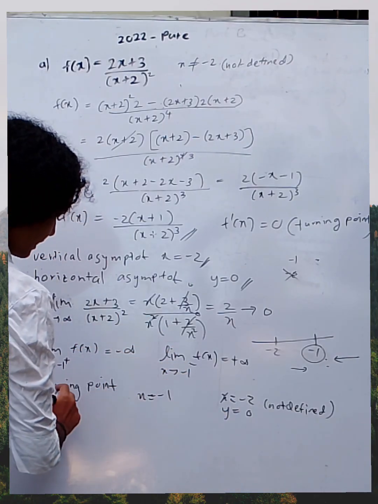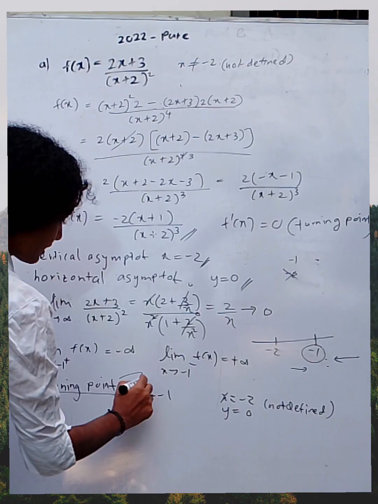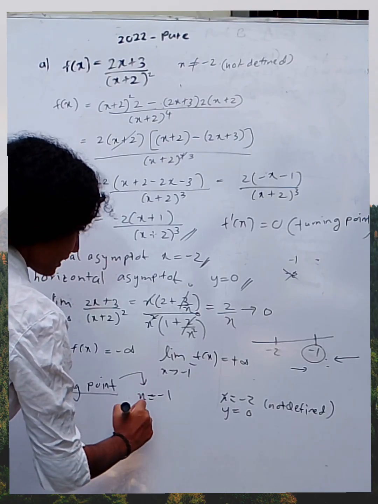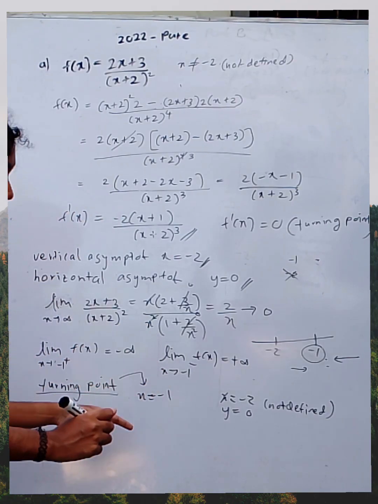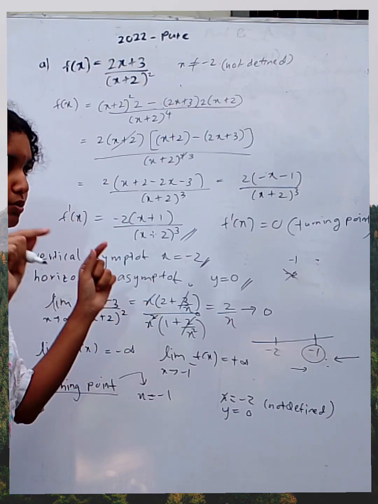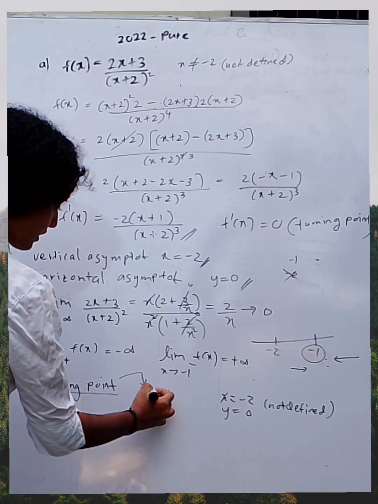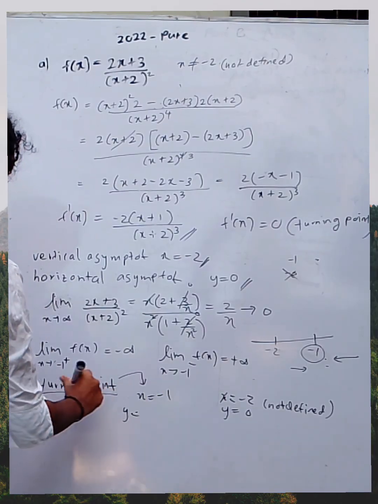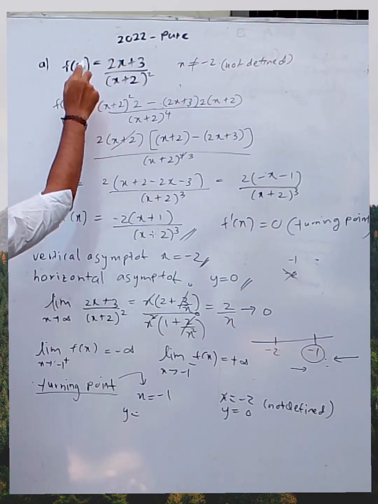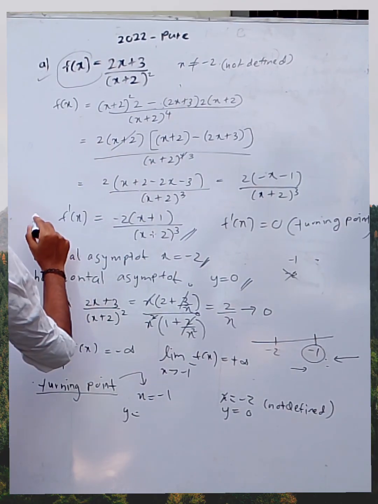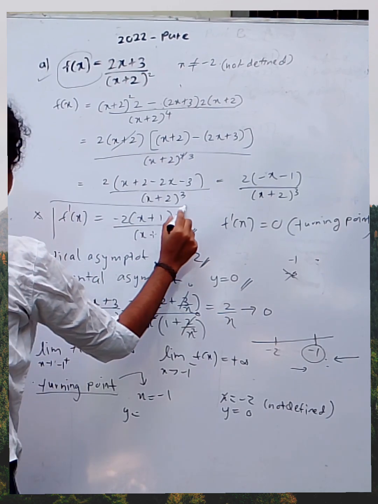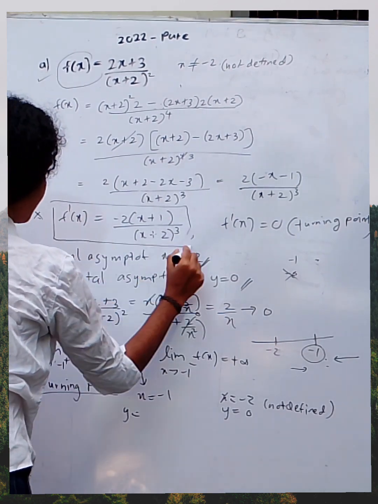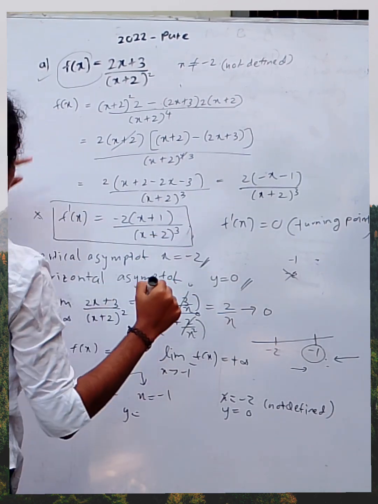But here, the only turning point is this one. So I need to find the y coordinate as well to find the point. There should be x and y coordinates. So here x is minus 1. In order to find y, we need to substitute this x, minus 1, in our f x function, not f dash. Okay, this is one important function, but we are going to substitute in our f x.